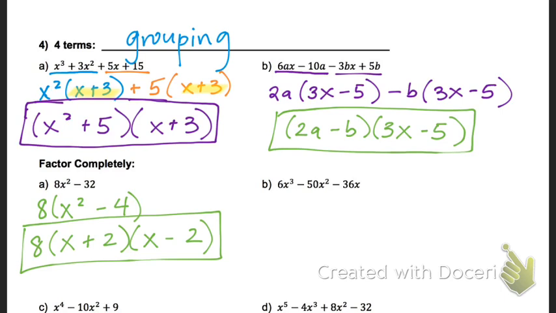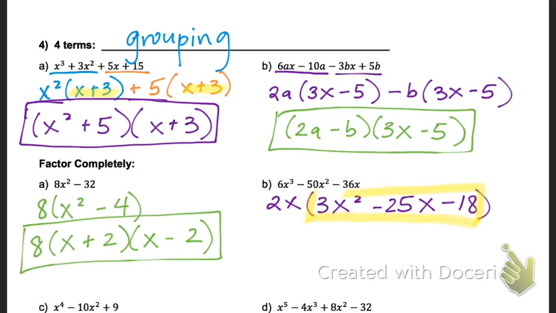Okay, for part B, is there a common factor I can take out? I can take out 2 and x. Okay, try factoring the stuff in parentheses now by trial and error.